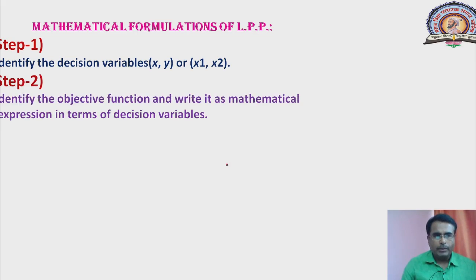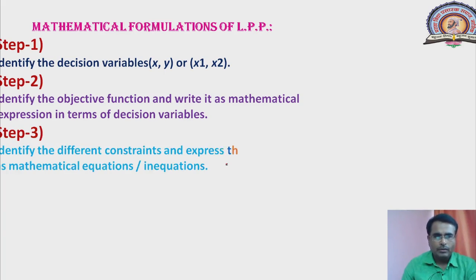The second step is identify the objective function and write it as a mathematical expression in terms of decision variables. Step 3, we have to identify limitations or restrictions, those are called constraints, and express these constraints as mathematical equations or inequations.